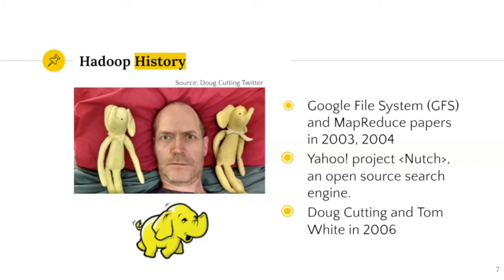He had a kid who owned a stuffed elephant, and the name of that stuffed elephant was Hadoop. So that's why Doug Cutting named this file system after his kid's toy elephant. And then the logo of Hadoop is a yellow elephant.